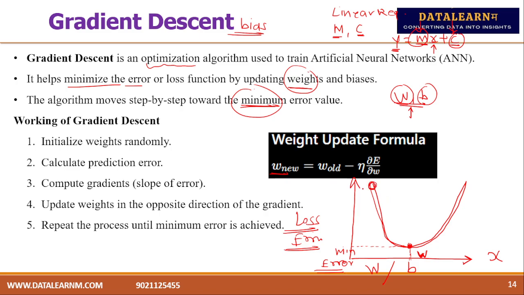Initially it will have some value of w. Suppose this is w1, and next value will be w2, again w3, again w4, w5. So as per the iteration, the value of w is going to be increased, correct?